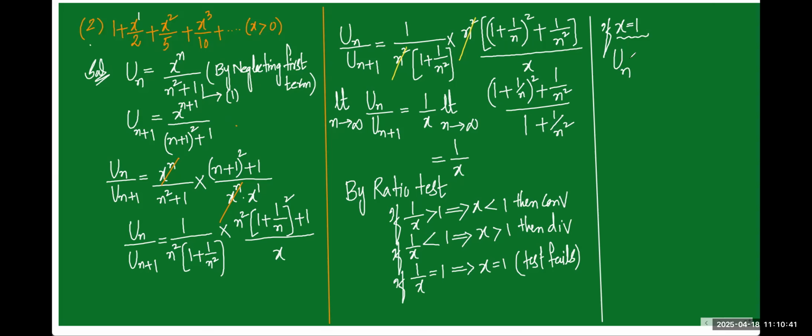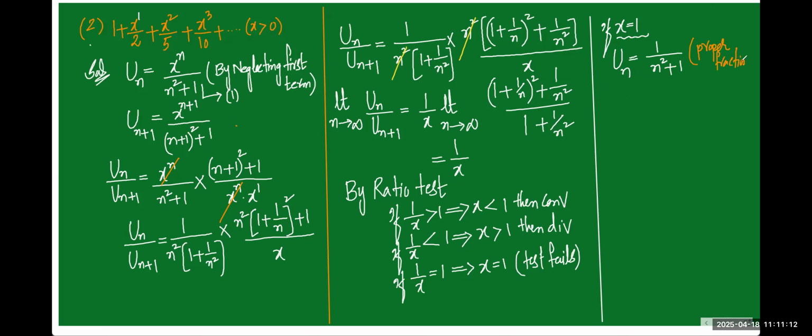Tell me. If x value is 1, 1 to the power of n is 1 only, 1 by n square plus 1. If x is equal to 1, un value is 1 by n square plus 1. un मतलब फिर से वो series up. Now, after this one, this fraction is nothing but proper fraction.